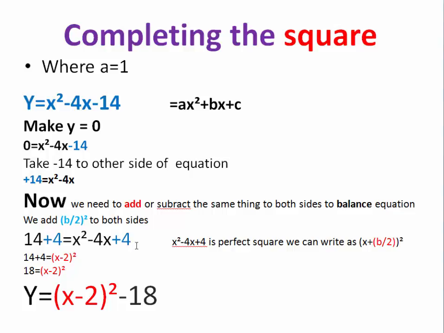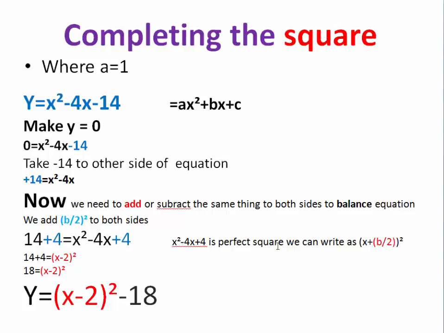What happens when we do this is that the right-hand side of the equation with the x squared now becomes a perfect square. We can write this, as we said earlier, as x plus something, squared. What's the something? The something is b divided by 2. So b, which is minus 4, divided by 2 is minus 2.